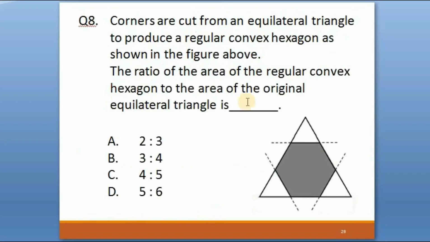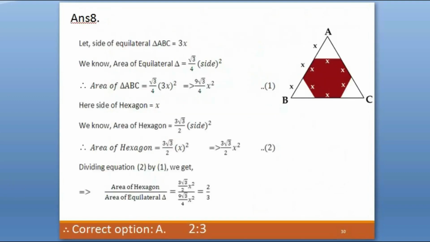Corners are cut from an equilateral triangle to produce a regular convex hexagon as shown in the figure. The ratio of the area of the regular convex hexagon to the area of the original equilateral triangle is, we have to guess, right? So for this again, this is the shape which is given to us, an equilateral triangle, and from that we have framed one hexagon, right?